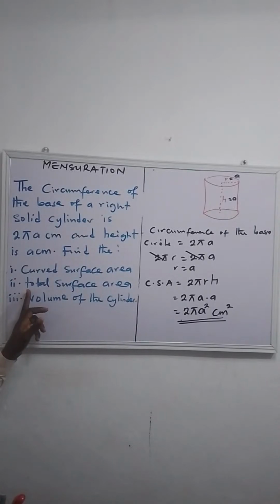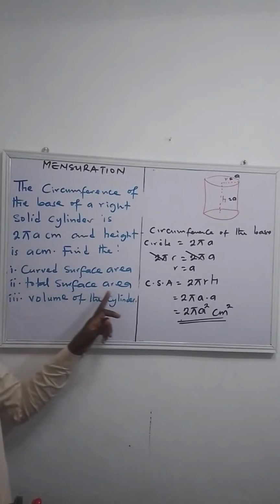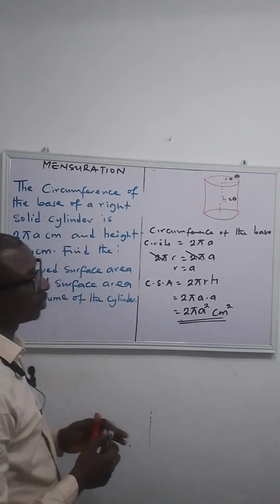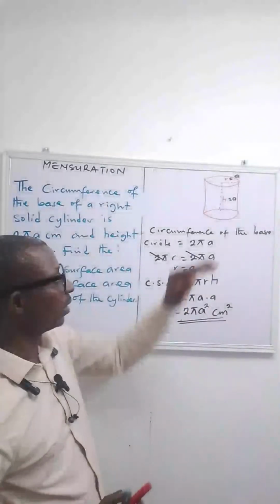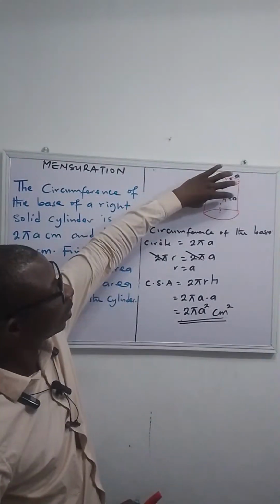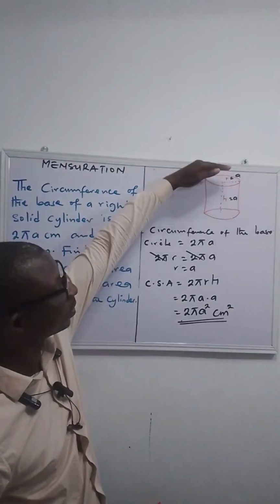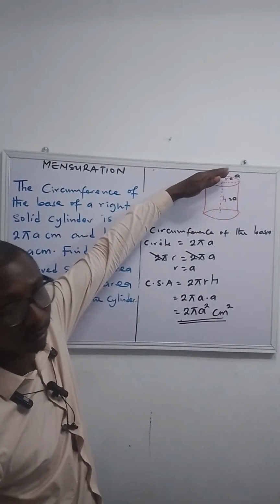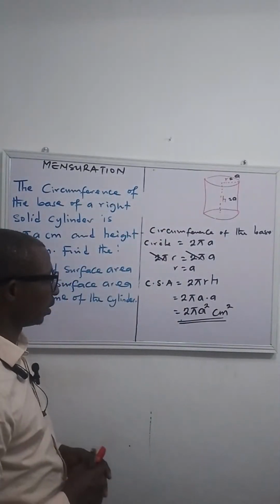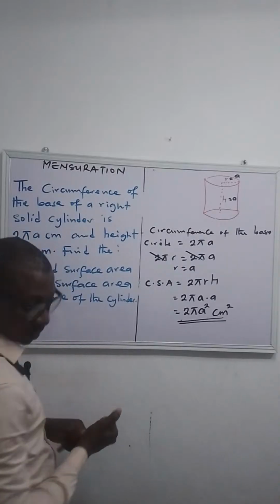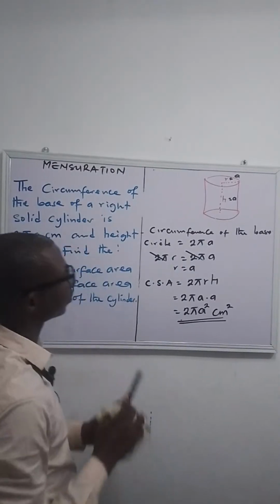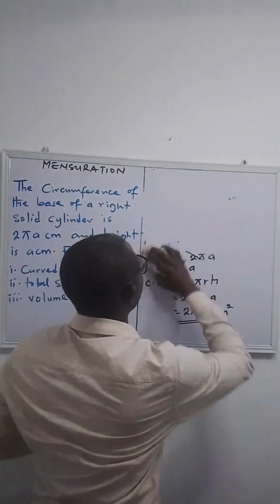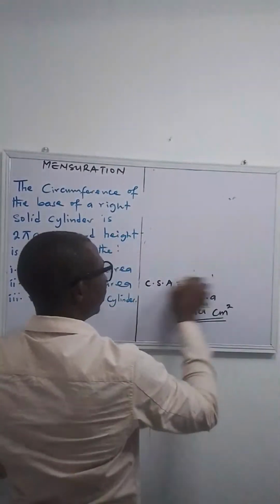Now the question goes further: total surface area. Don't forget to calculate total surface area. It's going to be the curved surface area plus the area of the two circles. All right. So now total surface area: we have the curved surface area.